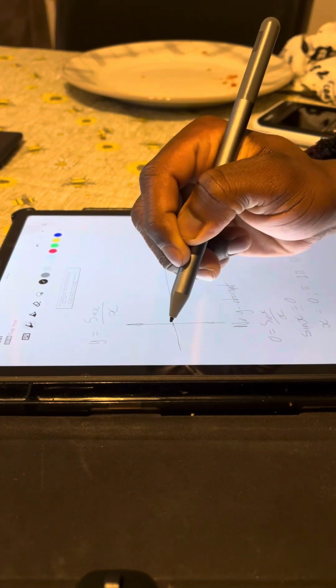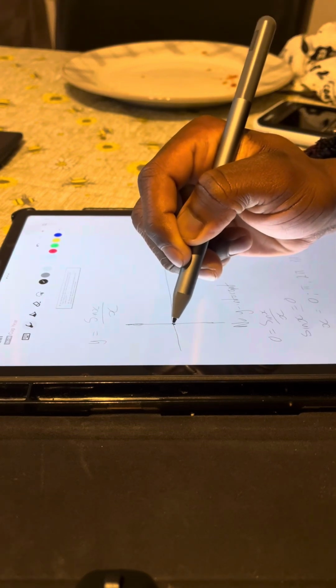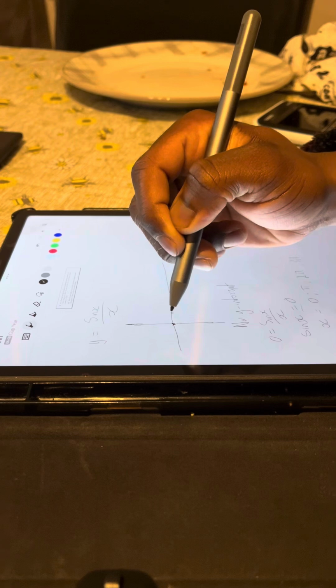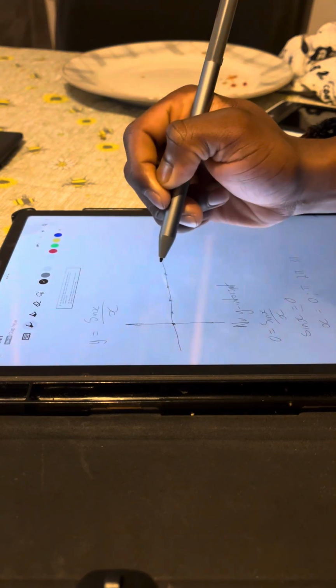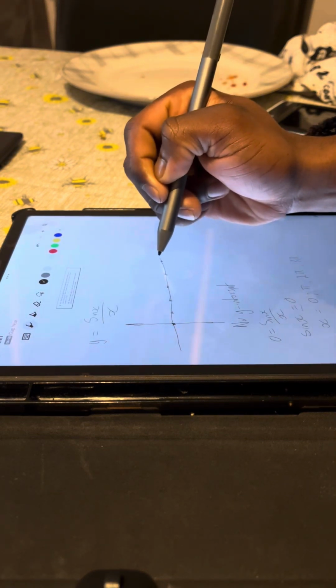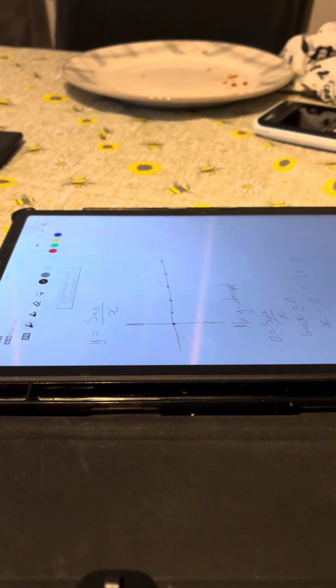So we know there is an intersection over here, so basically almost like a sine graph in that sense. What about negatives?